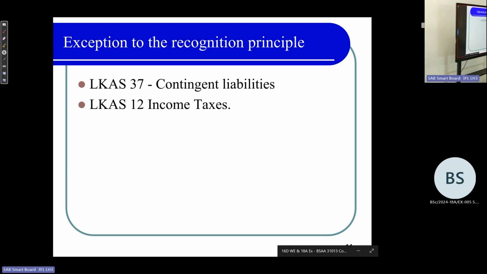LKAS 37 says contingent liabilities should not be recognized in the financial statements, but especially for SLFRS 3, we should recognize contingent liabilities at the date of acquisition. If there are contingent liabilities, we can measure and record them. Income taxes as well.